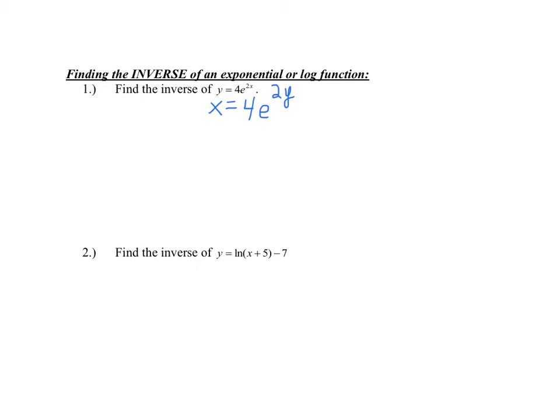So first let's divide over that 4. And now if we are going to undo an e, we said that we're going to need the natural log. So what we do to one side, we must do to the other side. And that x over 4, if you'd like, you can think of it as 1/4 times x, or you can keep it as x over 4, whichever you prefer.